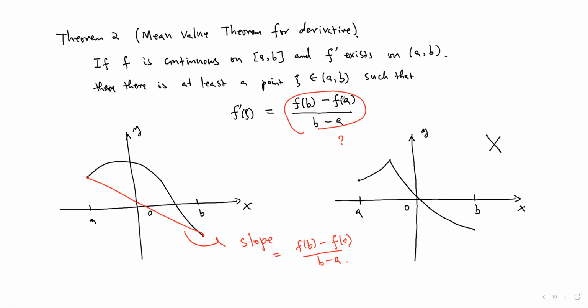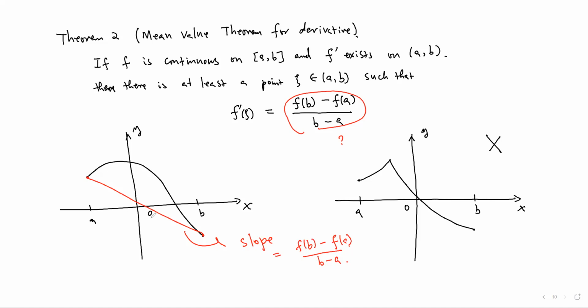This theorem says that between A and B, there is a point psi where the slope of the tangent line is equal to the slope of this red line. That means the two lines have equal slopes, so those two lines are parallel.